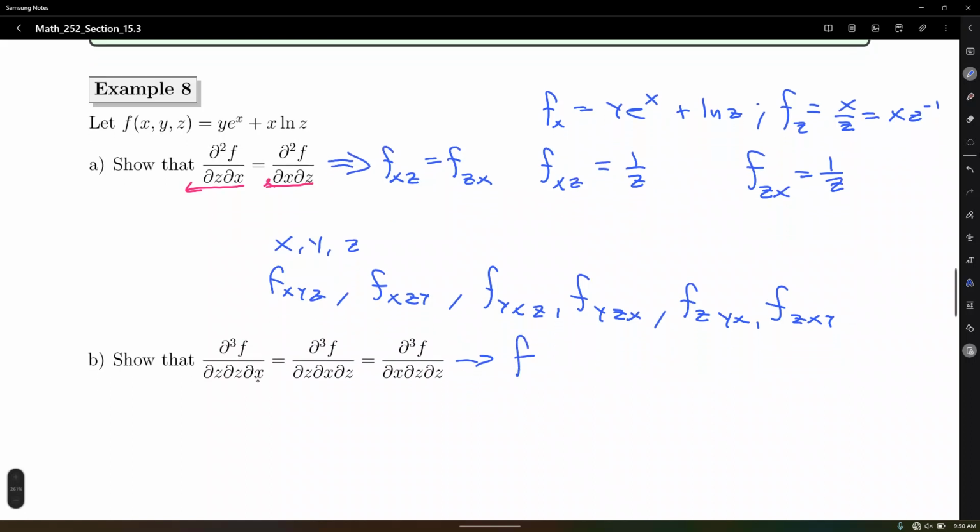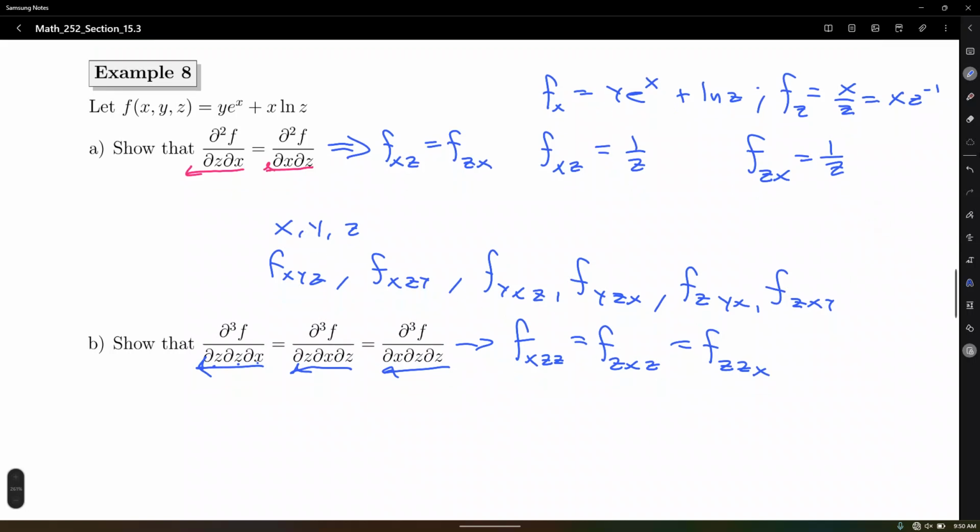That is f x z z, which is equal to f z x z and f z z x. Of course, we're going to use the results from part A to show this. So let's find f x z z.